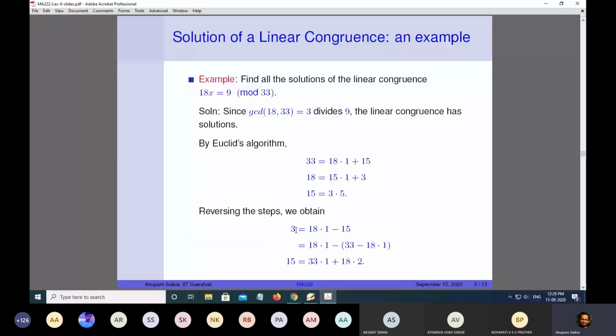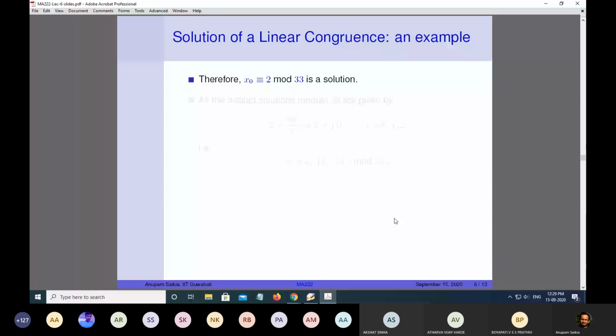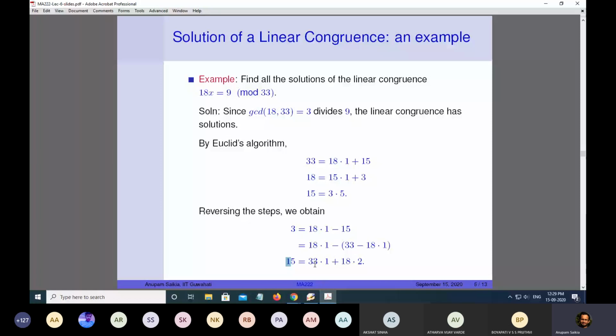So same thing here, I have to multiply by 3, so that this 3 times 3 becomes 9, and this becomes 6. 18 times 6 plus 33 times minus 3 is 108 minus 99, which is 9. That's what we would have wanted. So the solution is 6, and with 6 as a solution, the others are 6 plus 11 and 6 plus 22.